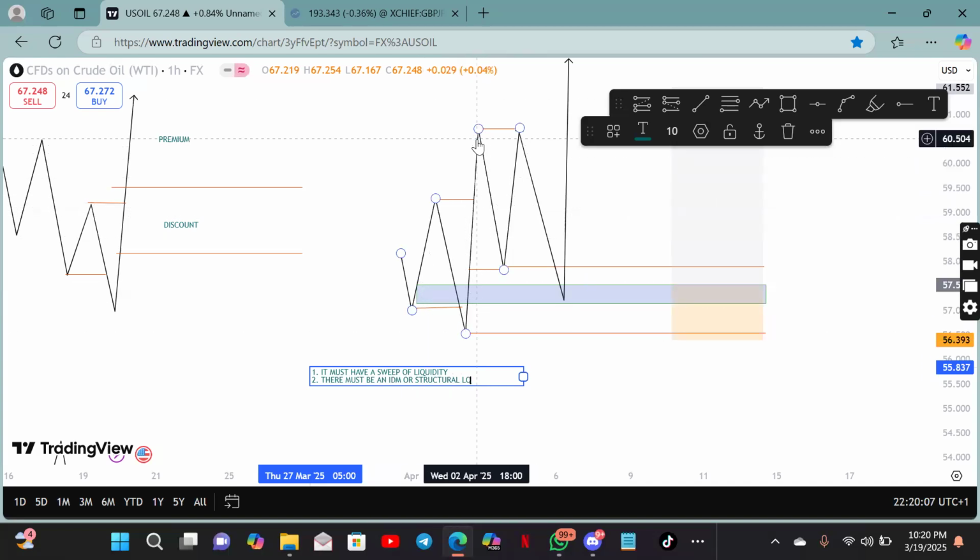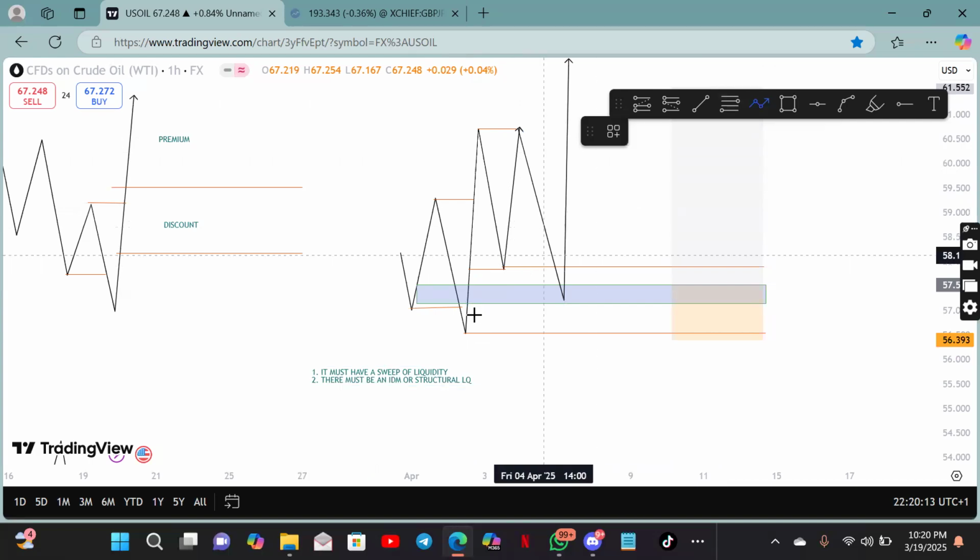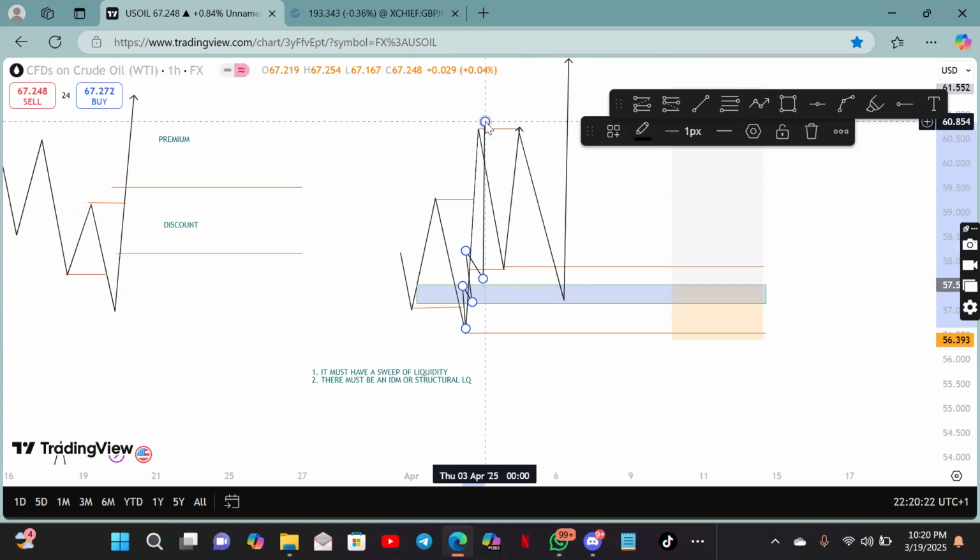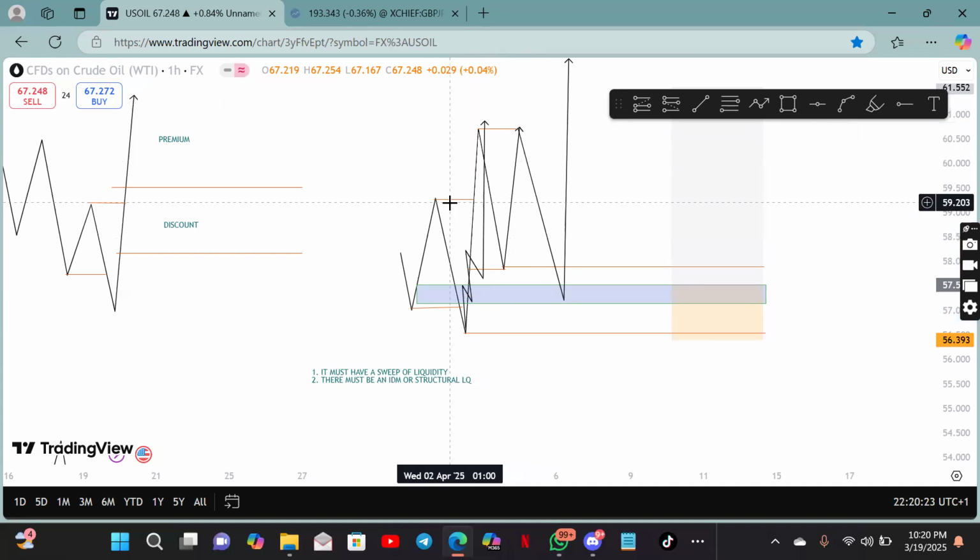Do you understand? It might not be the first pullback the market makes. The market might even give you something like this, something like this, before it moves up like this to come and break this one.